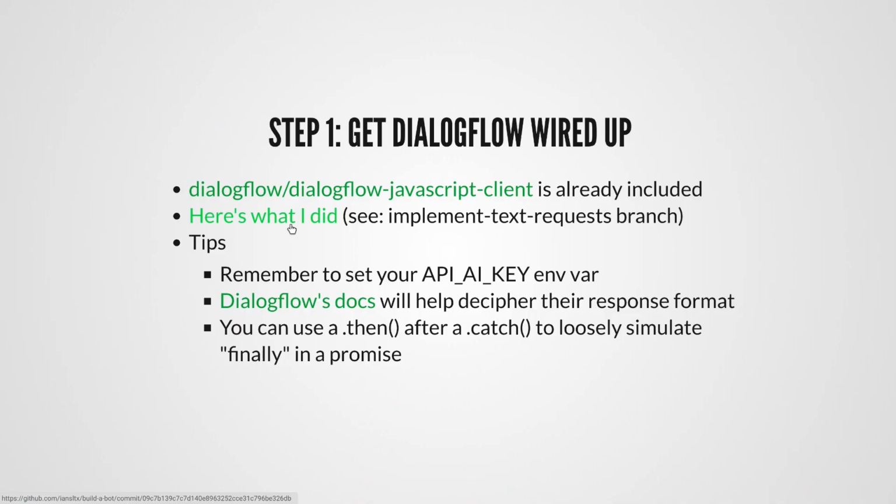In this particular case, we also have the implement text requests branch that is the exact same repo except with the commit applied, so that you have the library already wired up, at which point you can go back and see what I changed to get that JS client to work.